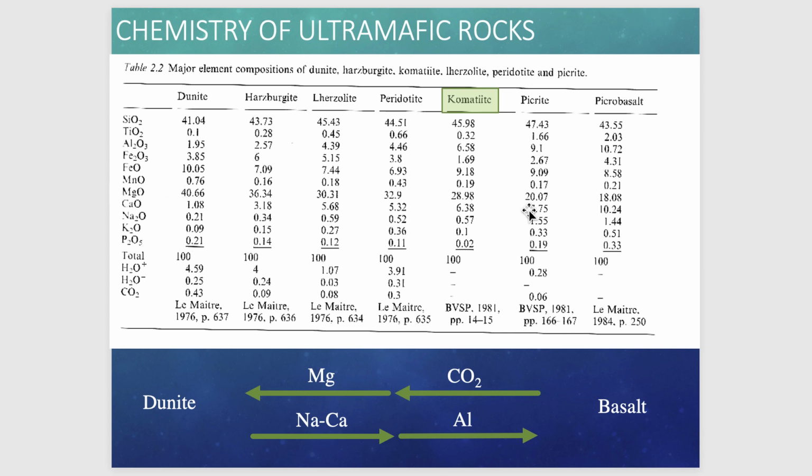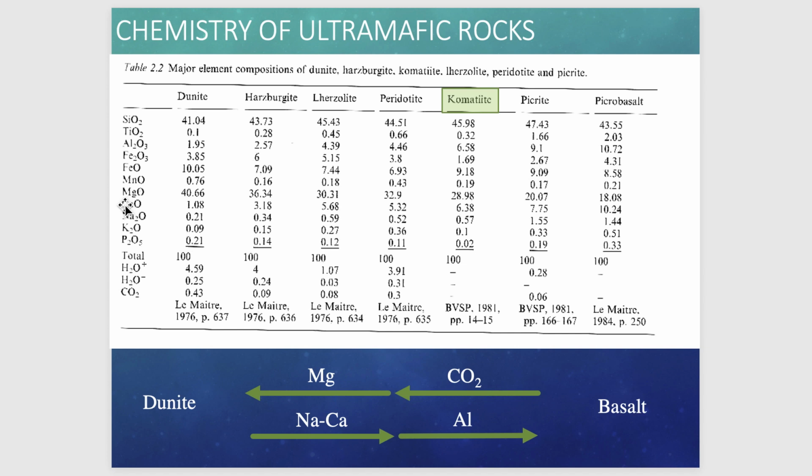You can see a major difference between a dunite, which is a peridotite, and a picrobasalt, which is roughly half in terms of magnesium content. Calcium is also helpful, so usually the alkalinity of the rock will be higher if it's more fractionated.